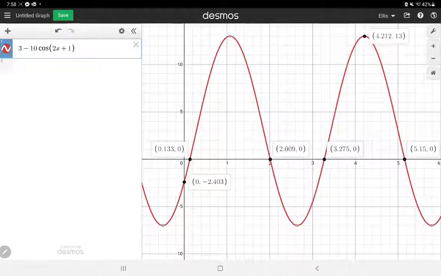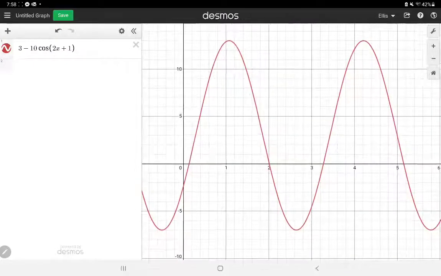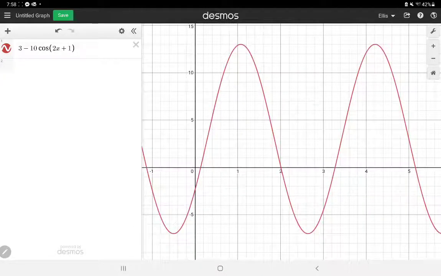We know what the maximums and minimums are. Now this point over here doesn't actually count, because it's an x-intercept, but it's beyond the focus of this question. And one of the things I was saying before was that the cos function normally has positive, but it has been reflected. In this case, it's been reflected vertically.